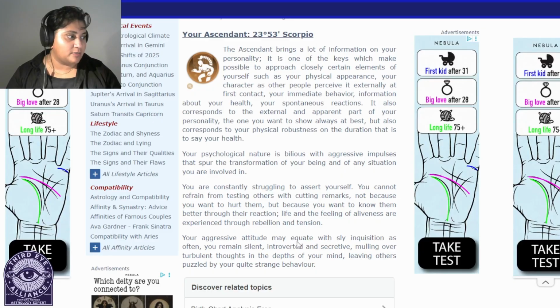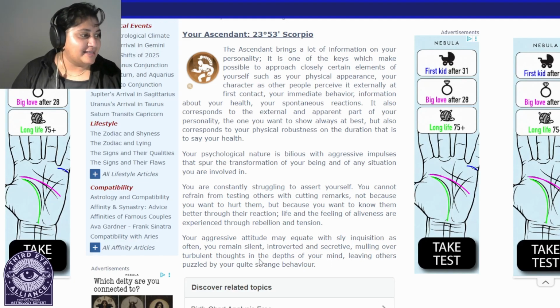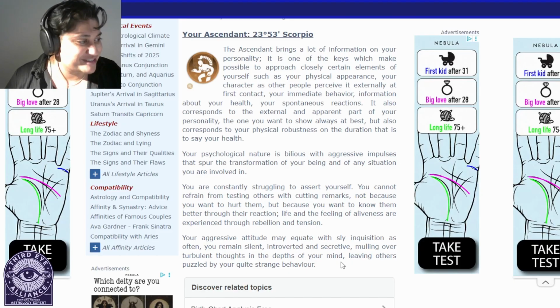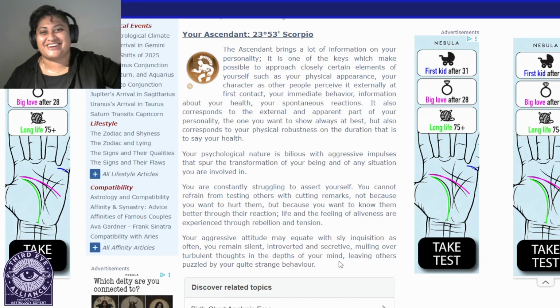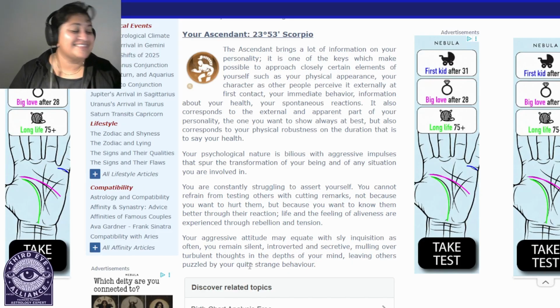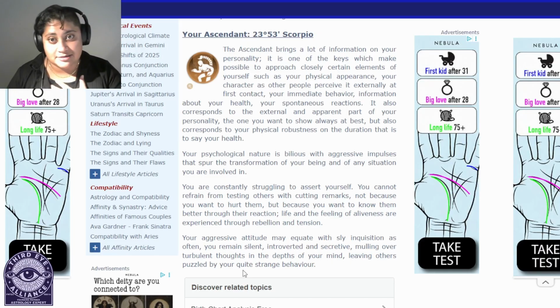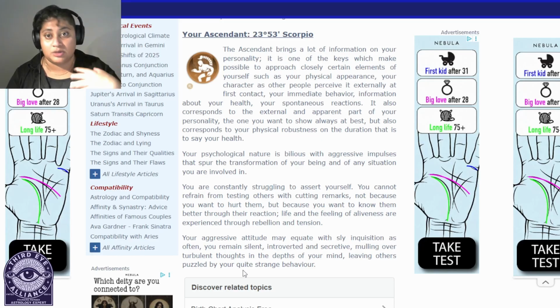"Your aggressive attitude may equate with sly inquisition as often you remain silent, introverted, and secretive, mulling over turbulent thoughts in the depths of your mind, leaving others puzzled by your quite strange." This is too funny. I'm not saying that I got her birth time right for this imaginary character, but this is not me even doing the reading myself.